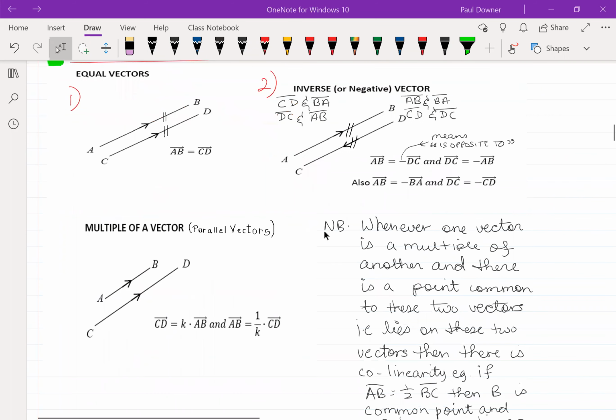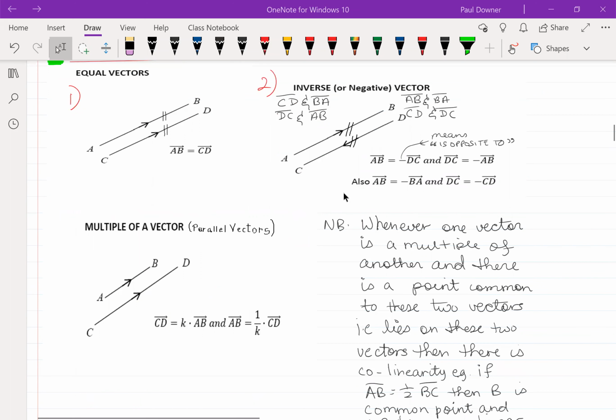Now there's a property that we need to know about inverse vectors. The property is that if we have a vector AB and we establish that AB is an inverse vector to DC, like here, then one is the opposite of the other. See? So this dash here means is opposite to. So AB is opposite to DC.